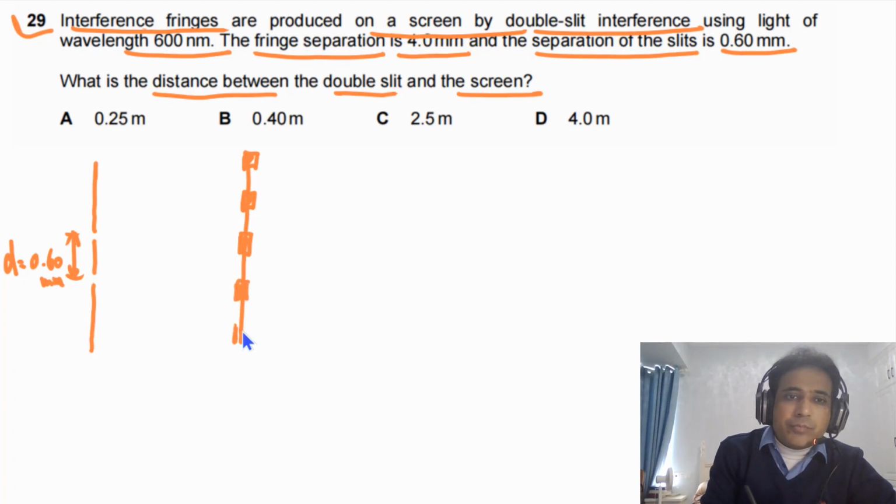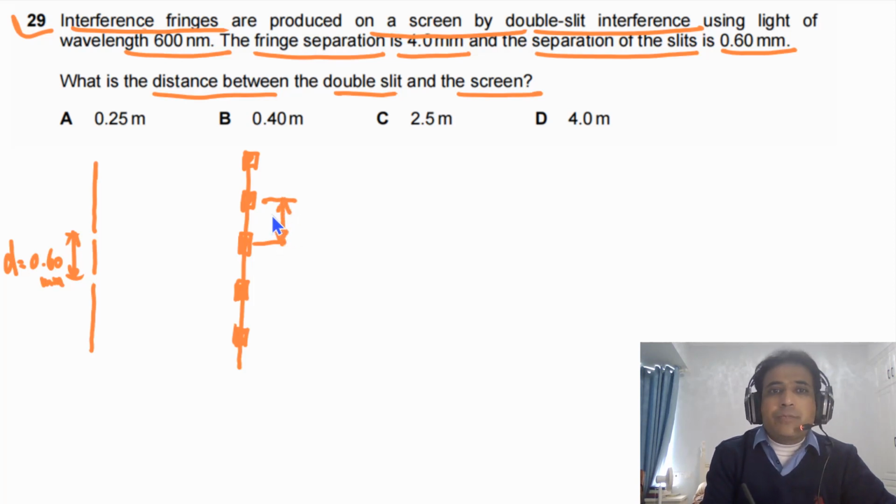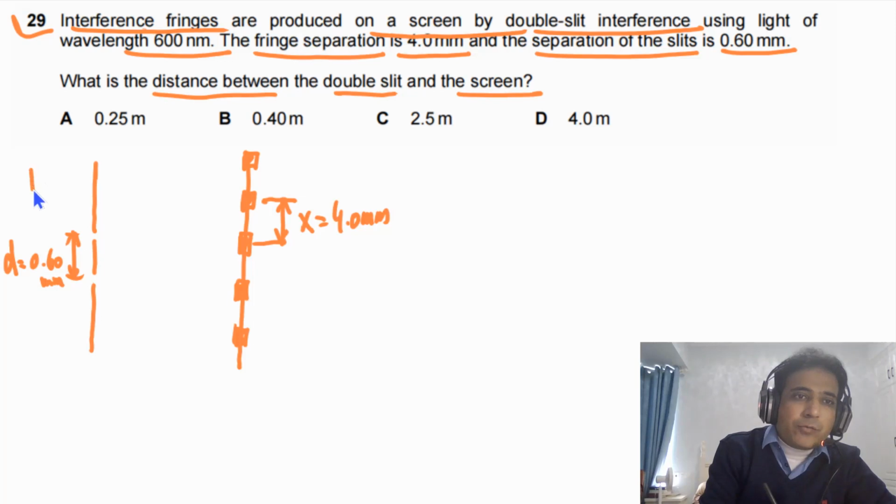For this question, fringe separation is given. The separation between fringes we can say is x, and x is equal to 4.0 millimeters. And the wavelength of light, lambda, is equal to 600 nanometers.